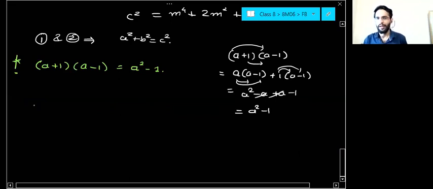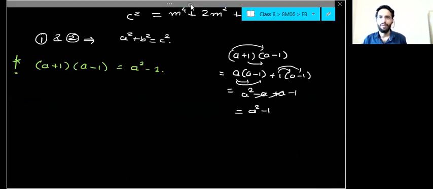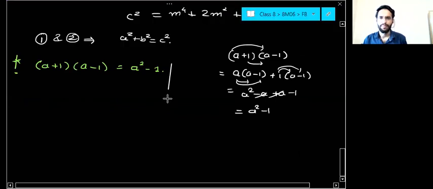Now why are we writing this? See here, if I take different values of a, suppose I take the value of a as 1 first. Let us check.